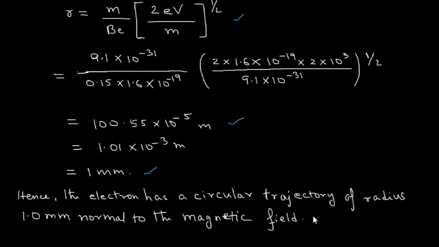So the electron has a circular trajectory of radius 1 millimeter normal to the magnetic field. Let us see the next part of the problem.